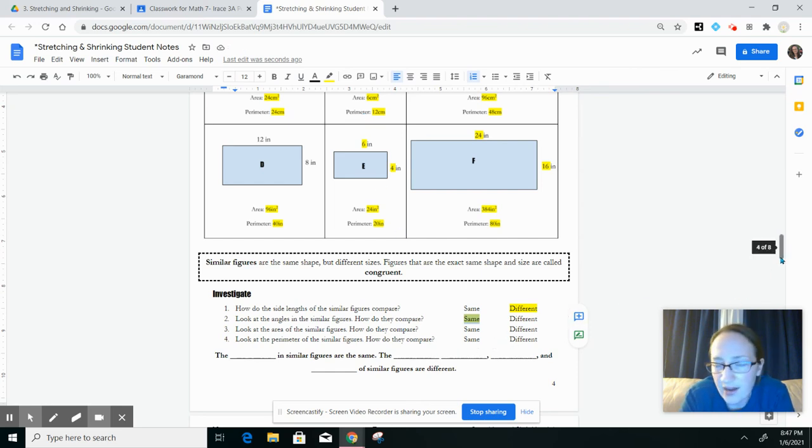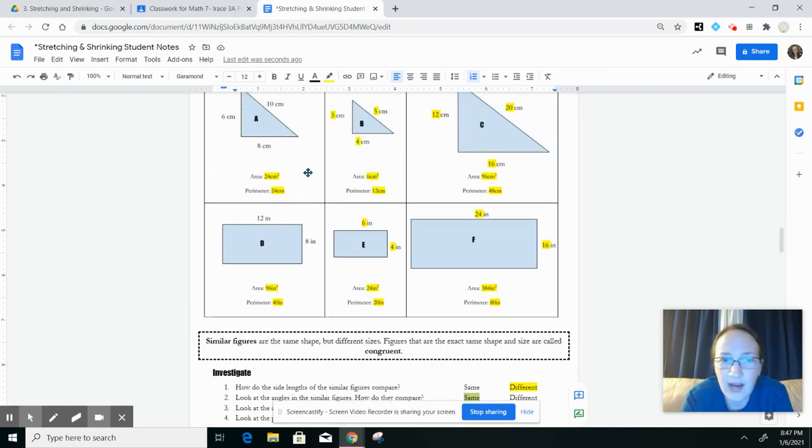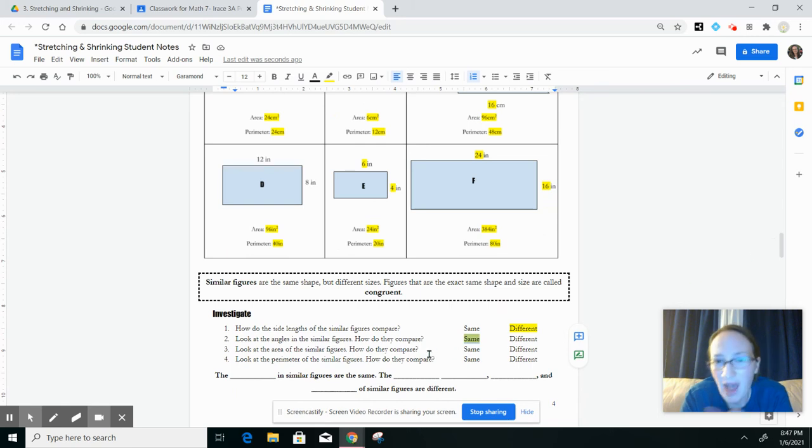Okay, the area of our similar figures. What was the area in figure A? How did it compare to the area in B and C? We don't need to figure out exactly that pattern going on, but it's enough to say for right now that the areas are different, right? Because they're different sizes. Of course the area is different.